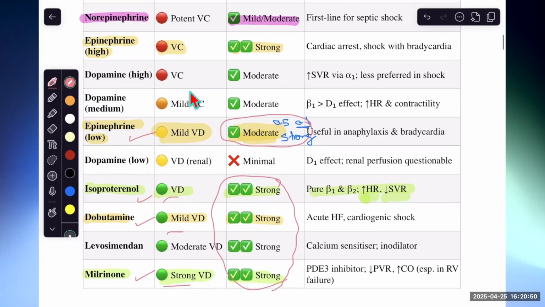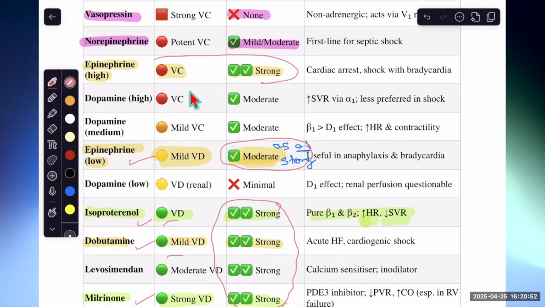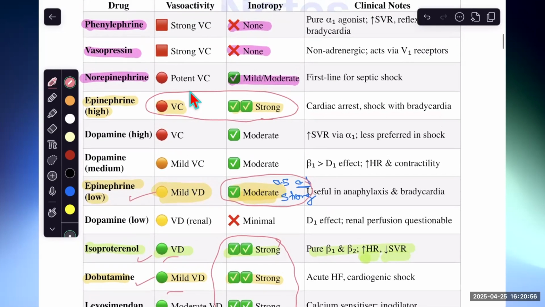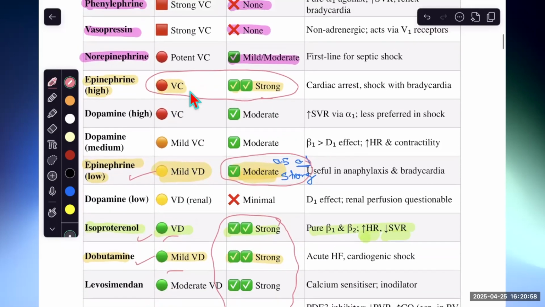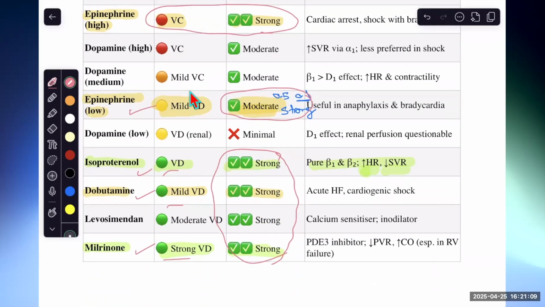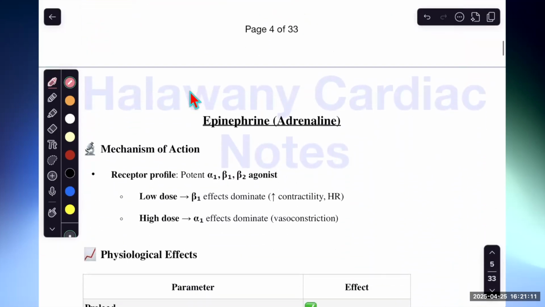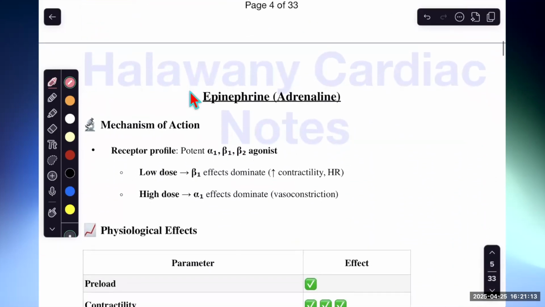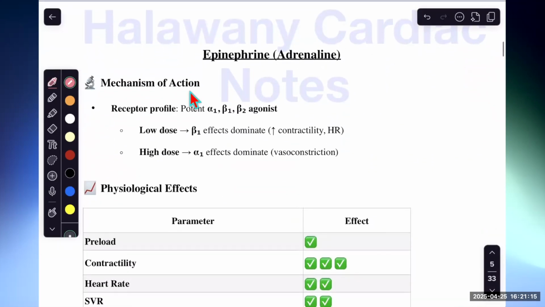But adrenaline, you might be happy to have its vasoconstrictor effect, while phenylephrine, vasopressin, or noradrenaline are mainly vasoconstrictors with minimal cardiac inotropic effect. I'm repeating it because I want you, by the end of this lecture, to be familiar with all the drugs I have mentioned. Right, now let's go see them one by one.